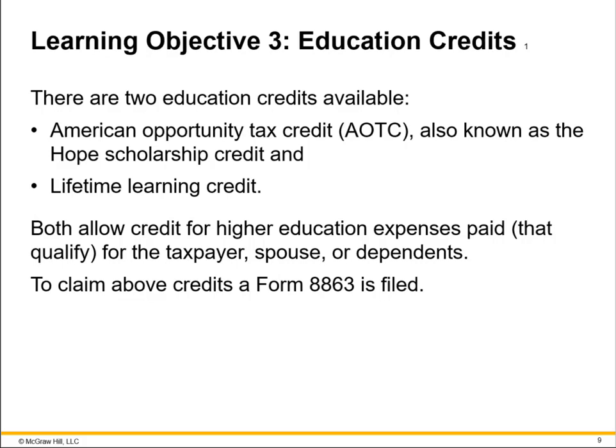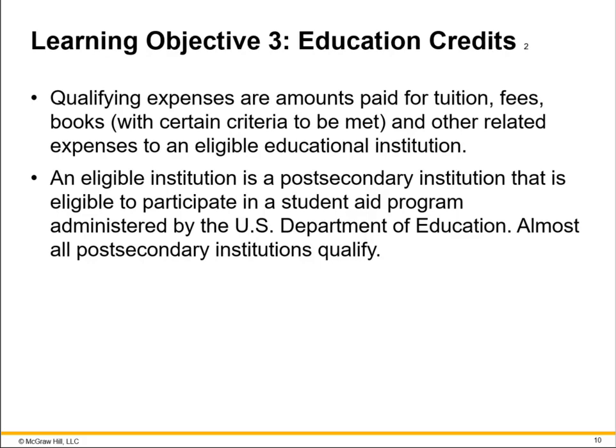We're not going to get 100%. So first of all, what are qualifying expenses? Tuition, fees, and books, as long as the books are required. Some other required expenses, sometimes if the computer's required, that can be, but not room or board.